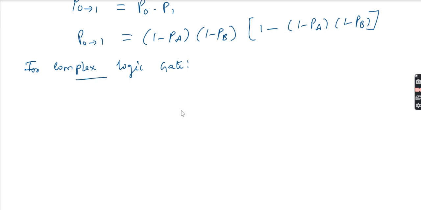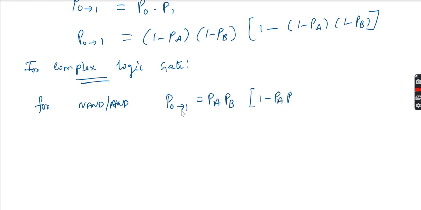If the inputs are equiprobable, then for a NAND or AND gate, the switching activity for P0 to 1 will be equal to PA PB into 1 minus PA PB.